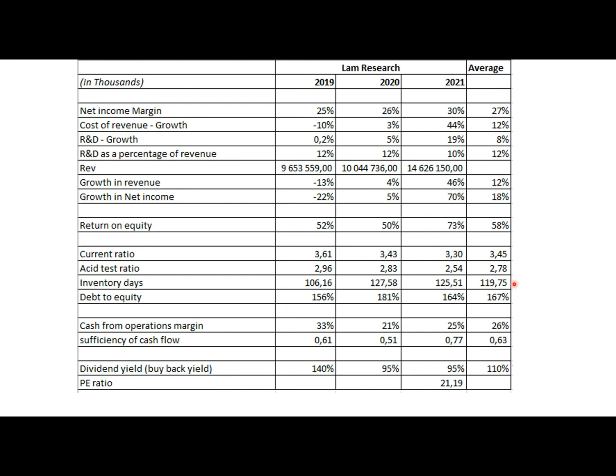The debt to equity is below the industry average of 171%. Again, it's normal for these entities to have high debt levels, but you don't want it to be so extreme that it's above the industry norm. So the fact that the debt to equity is at 161, below the industry norm, that's very good.